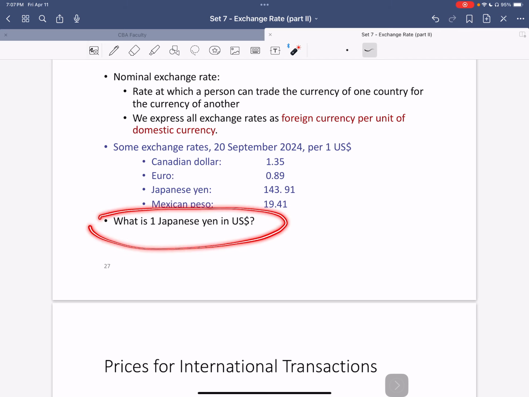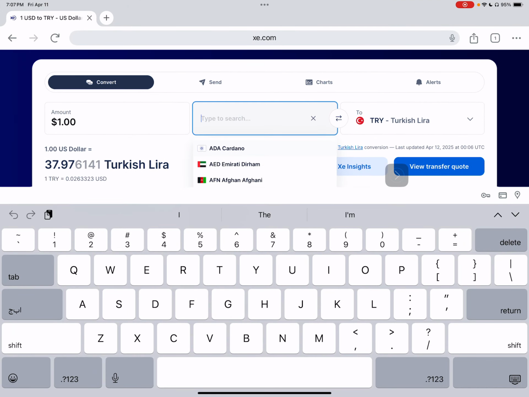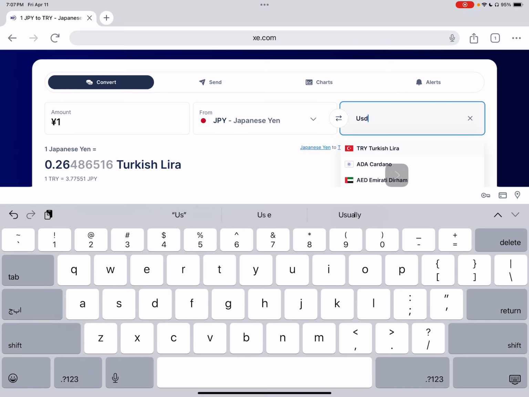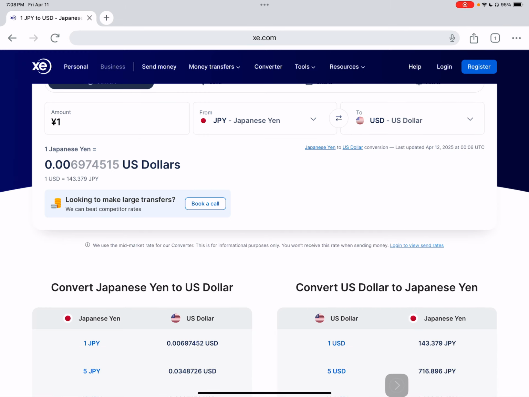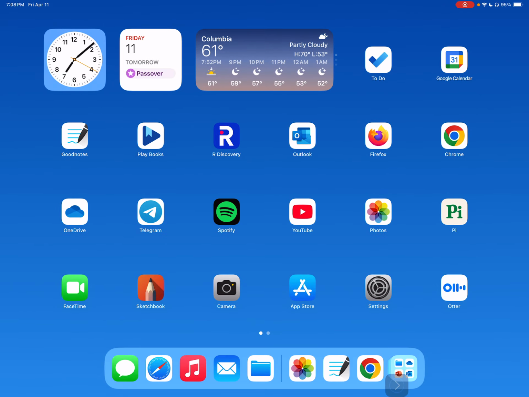For example, if I want to say what is one Japanese yen in US dollar, let's check that. So I'm going to find Japanese yen. Here it is in US dollar. Just type in the names of the countries, and it will give you Japanese yen in US dollar, which is 0.0069 dollars per yen.